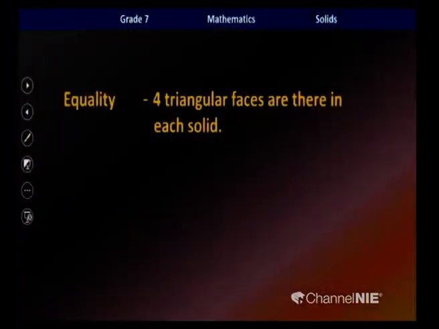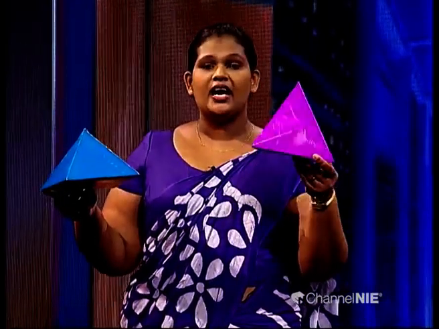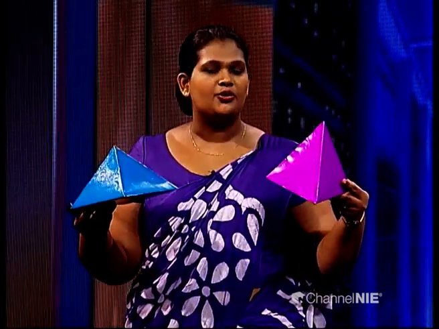Now, what is the equality that you can see in these two solids? Yes, you are correct. The regular tetrahedron has 4 triangular faces and the square pyramid also has 4 triangular faces. Therefore, we can get the equality as 4 triangular faces are there in each solid. Now, we will go for the difference. What is the difference? Okay, it has 4 triangular faces and we can consider the base of the regular tetrahedron also as a triangle.